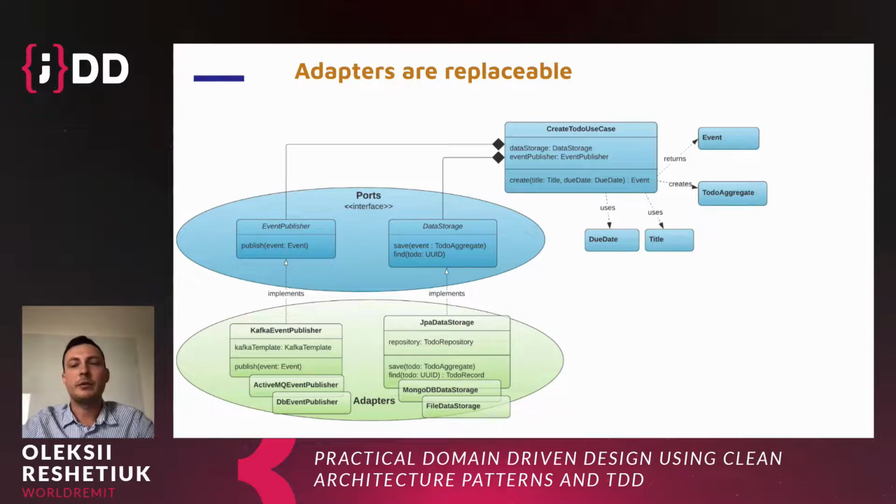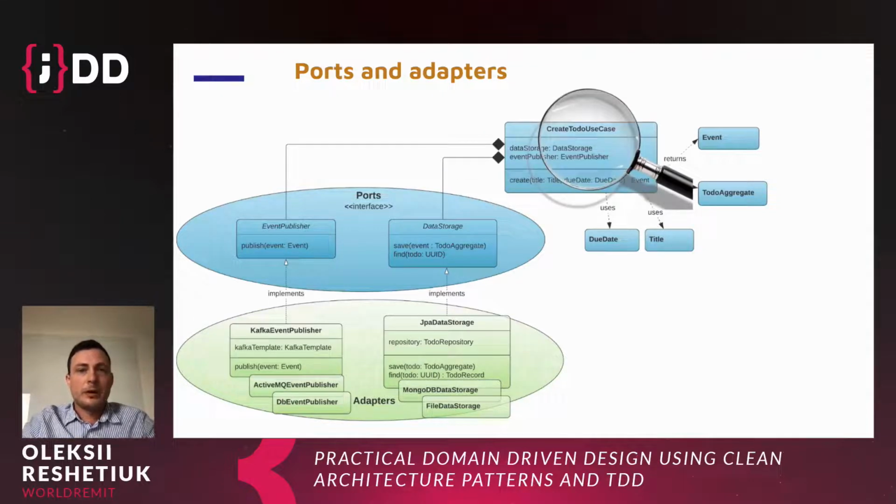And the second time was during the migration to gRPC. And by the way, there is also a probability that we will be using other types of databases. Okay, now I propose to look into the create to-do use case flow.